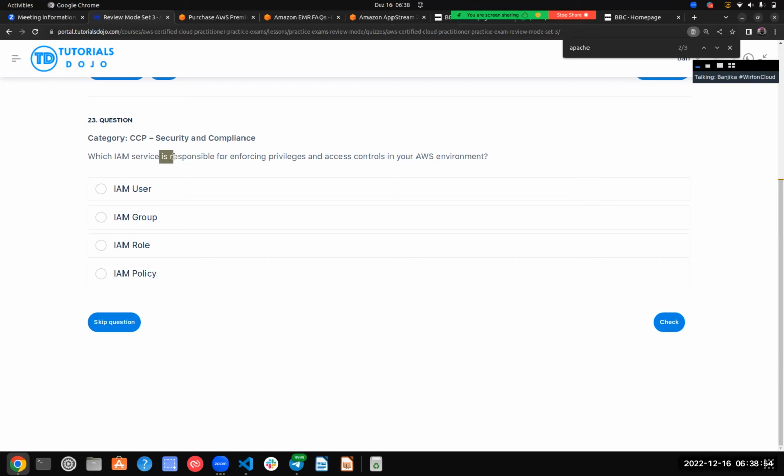IAM policy. Okay. A user is just an identity, but will a user enforce privileges and access controls? What's an IAM policy? Who can describe that in words? Because when you can describe it in words, it helps you answer the question as well.